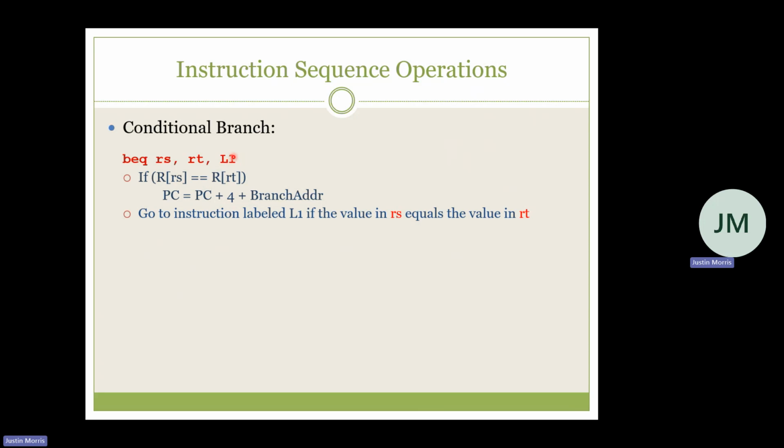So L1 is going to be another label somewhere else in the code, and this can be up or down because this branch address is a sign extended immediate.